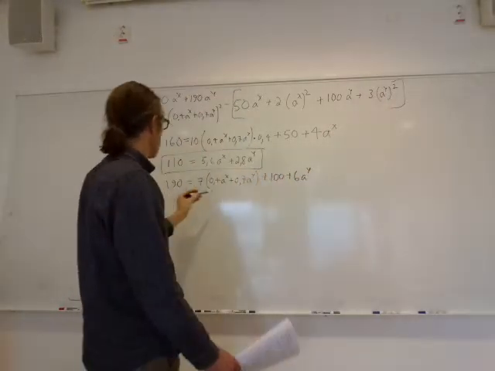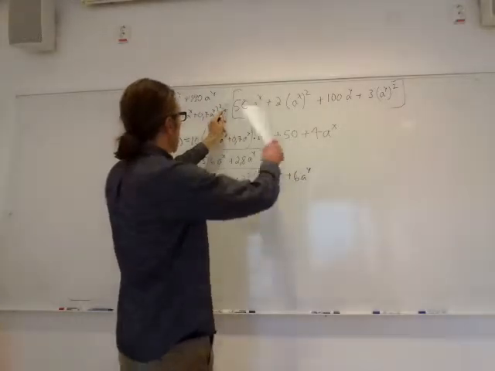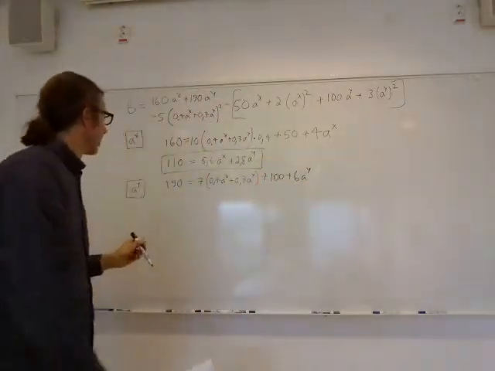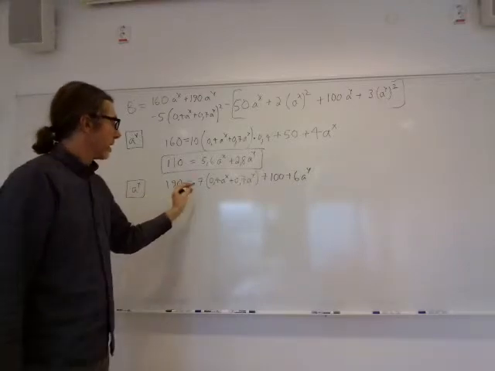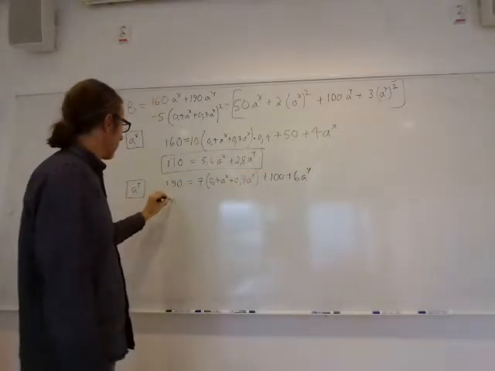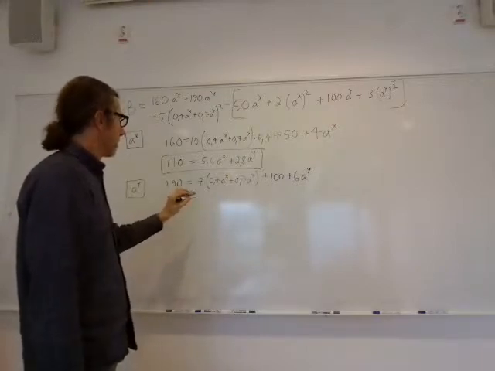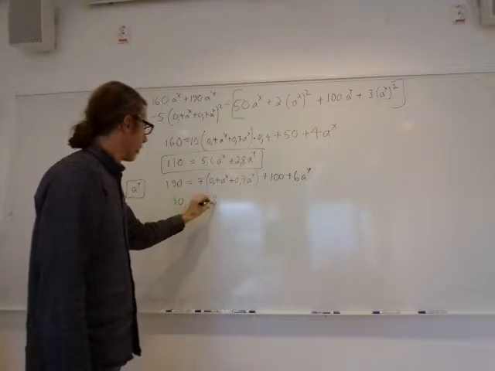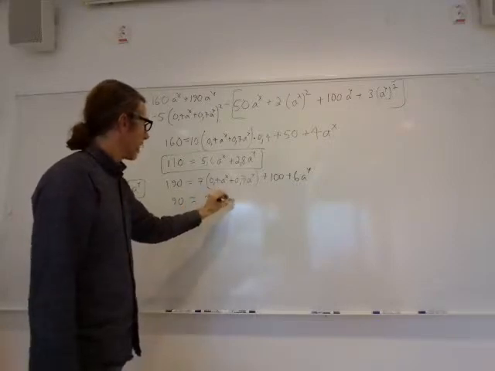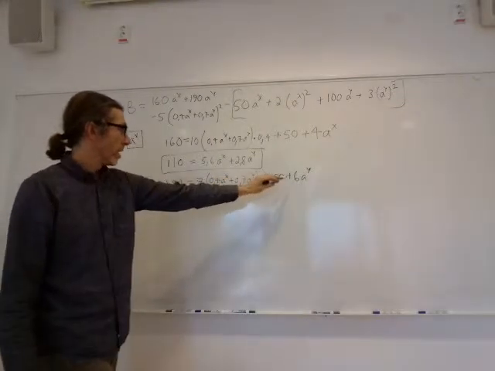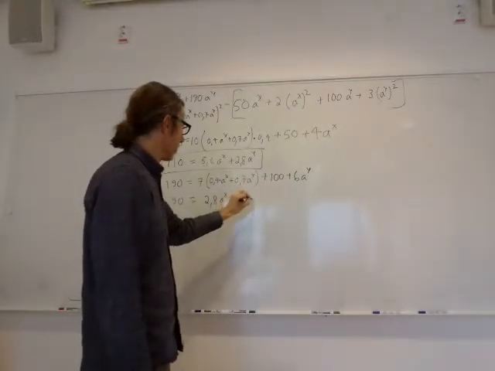And I've got plus signs because originally they were minus equals 0, I've shifted them over. So again, let's simplify right away. So we've got 90 equals 2.8 AX plus 4.9 AY, 10.9 AY.